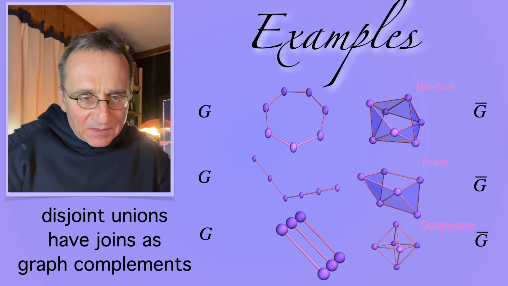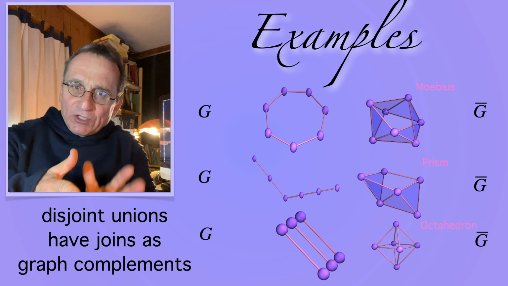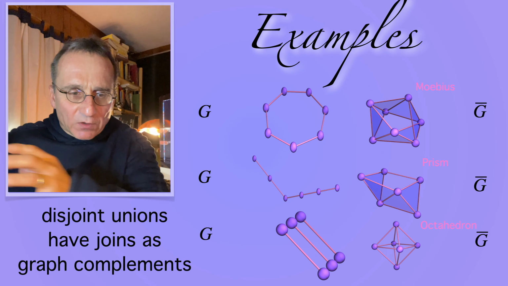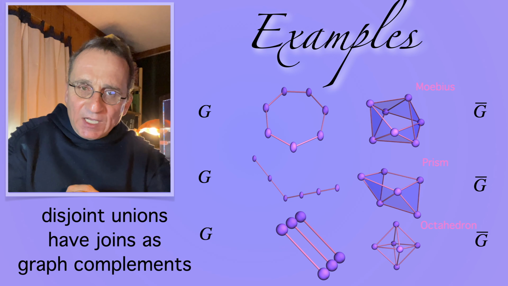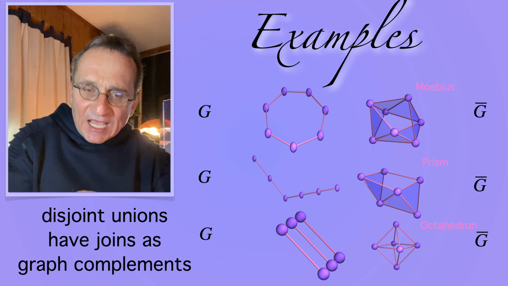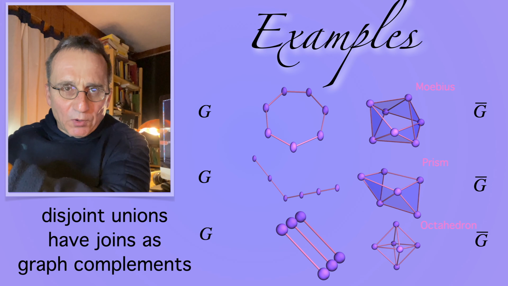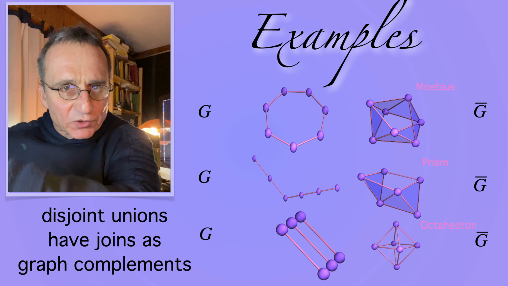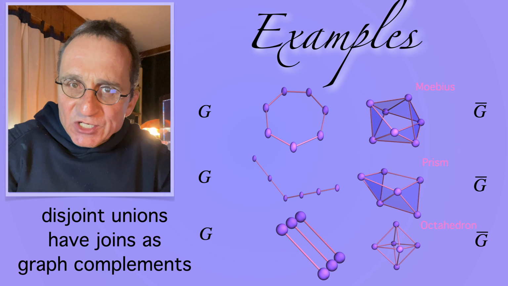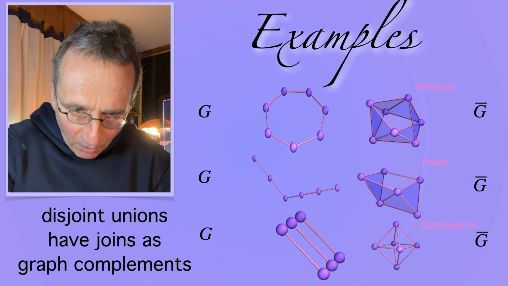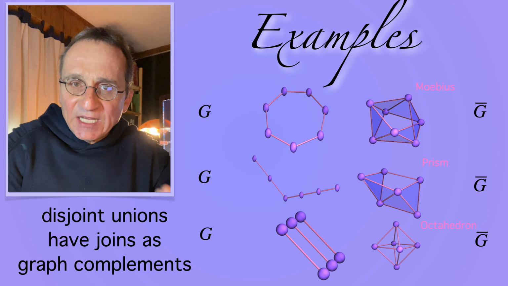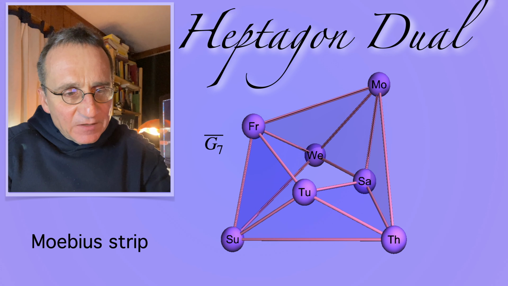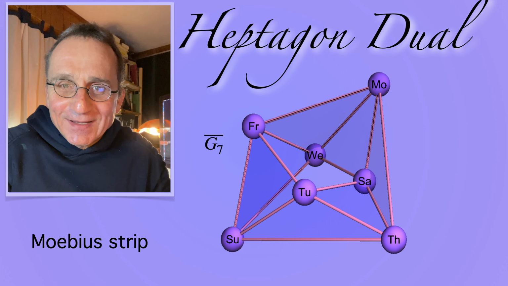Then we have that the dual of a disjoint union becomes the join. So if you take a K2 graph, this becomes a 2-point graph, and if you take the joins of 2-point graphs, you get higher dimensional spheres. In this case, we get the octahedron. So there are many interesting features. So that's this beautiful Möbius strip.